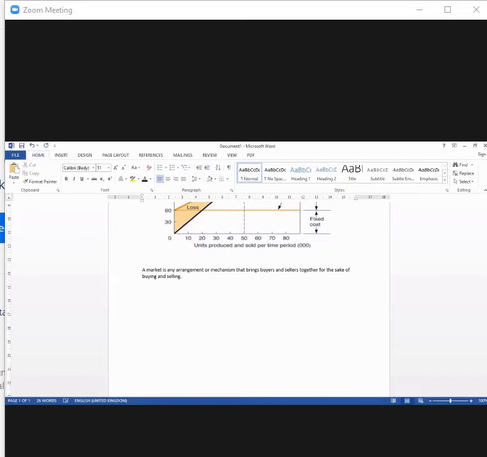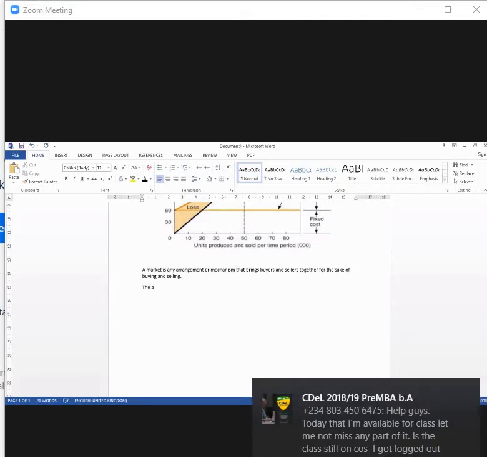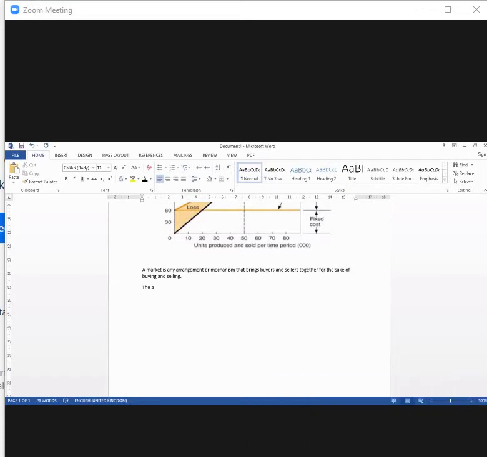Another sense is that market can be defined as the aggregate demand for goods and services.